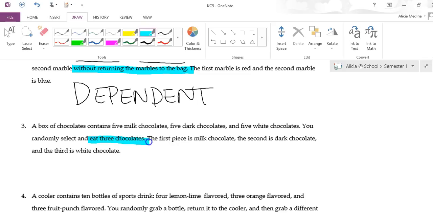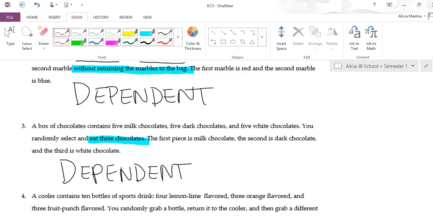You are eating 3 chocolates. I'm just telling you that you are eating it. So obviously you're not going to eat it and then put it back because you ate it, right? So this is why it's going to be dependent, because once I pick that first chocolate, it's going to make my chocolate selection one less every time I pick the second or the third one.